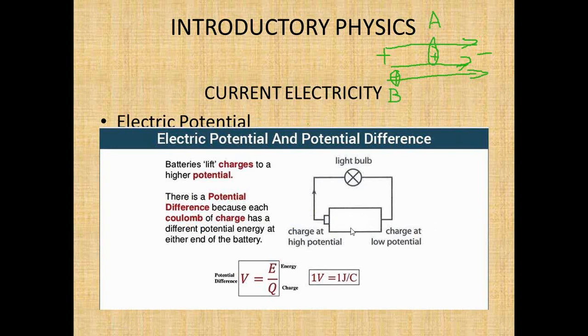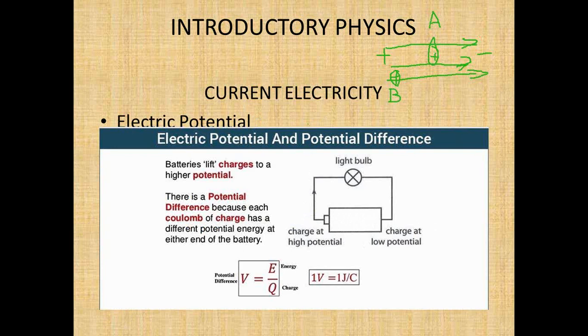All the battery is going to do is to bring the charge to the high potential terminal. And then once you close your circuit, it's natural for the charge to move from your high potential terminal to the low potential terminal, just as if you have your boulder or something on the top of a hill.